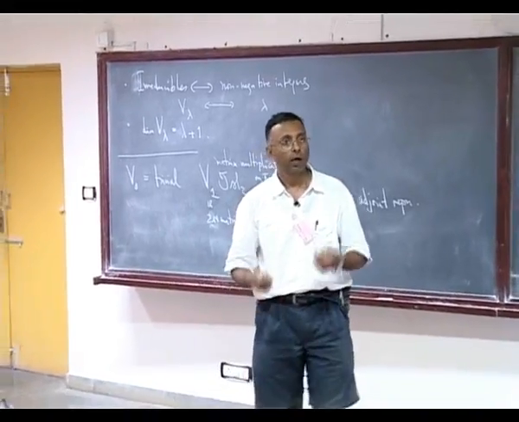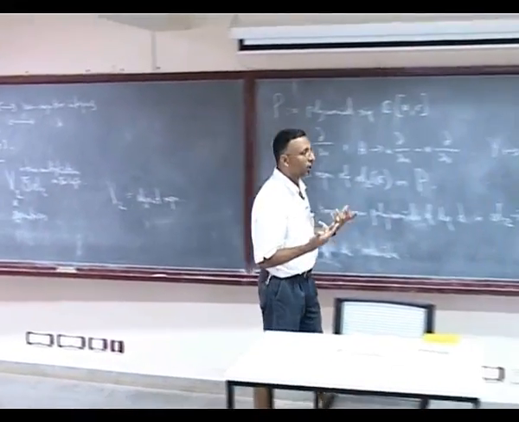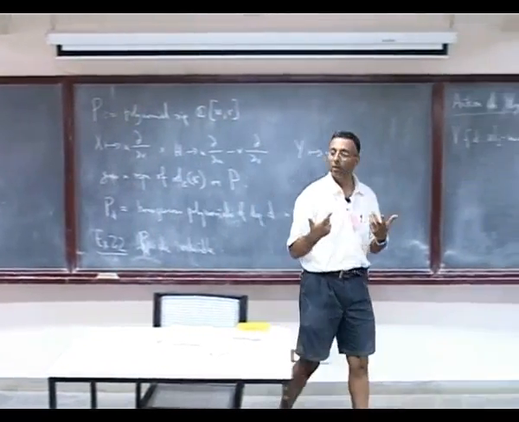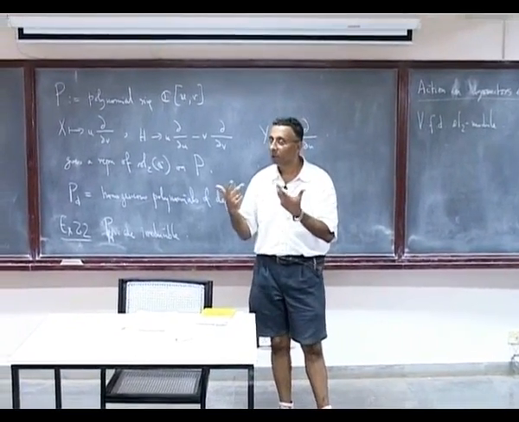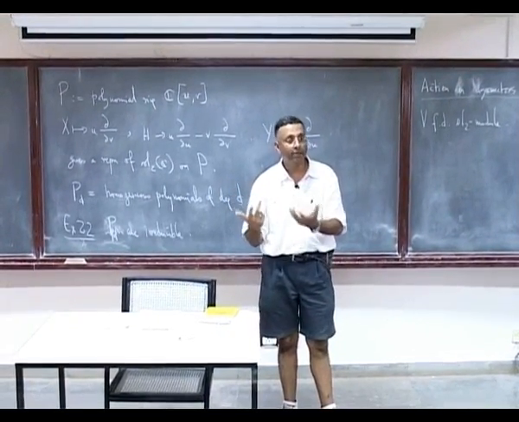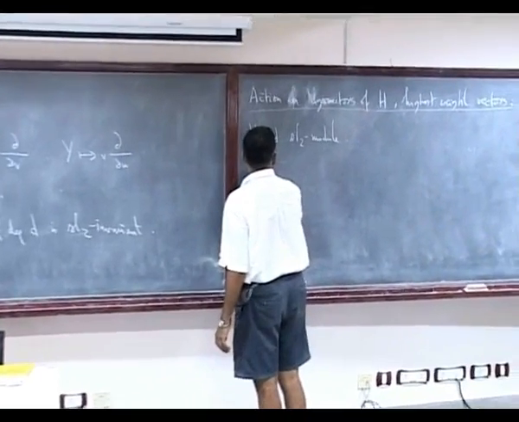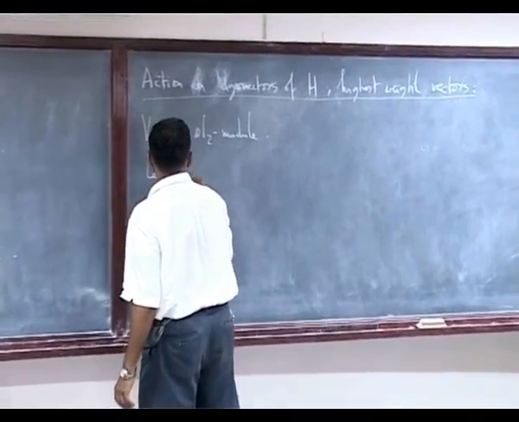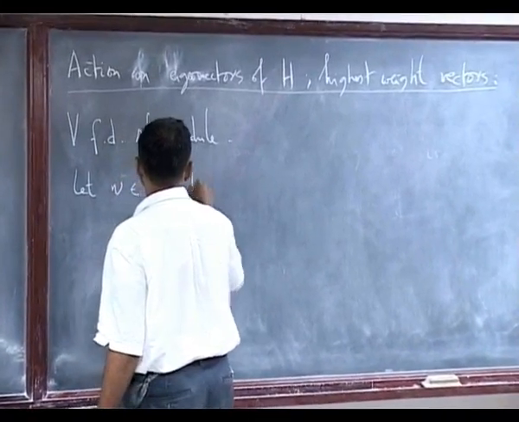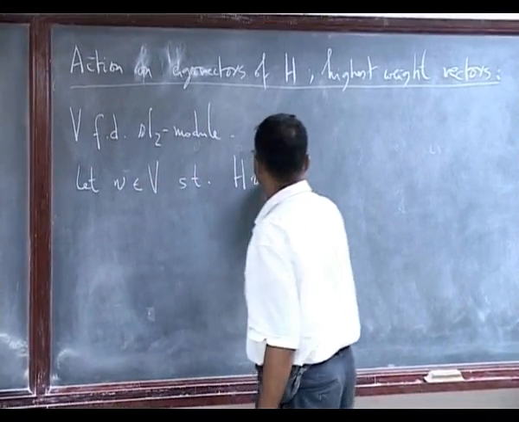First thing I do is look at a particular eigenvector for H. Let v be in V such that Hv equals lambda v.